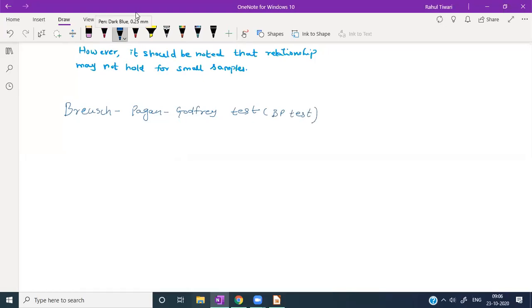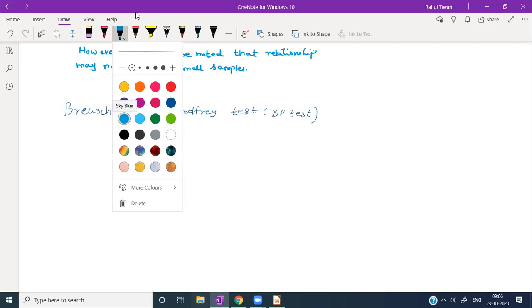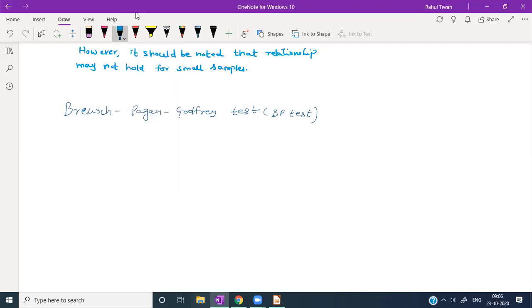Now what this Breusch-Pagan test says: this test is applied when we are discussing heteroscedasticity. If you want to check whether the variance in my data is equal, you already know that when we apply ANOVA or any other technique, we do not directly go to applying different treatments.